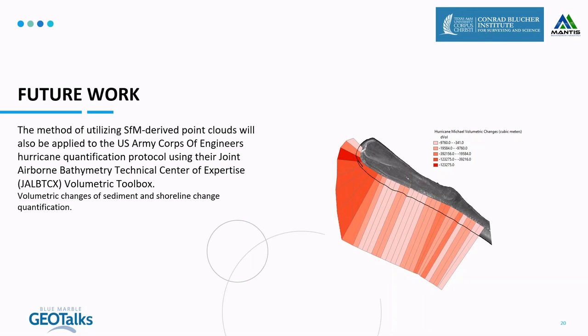And this was developed by the Army Corps of Engineers. So that's also something we're working on right now, and these are results also from that, where it allows us to quantify, using both the structure for motion derived digital elevation model and LiDAR derived elevation model, those volumetric changes per transect.